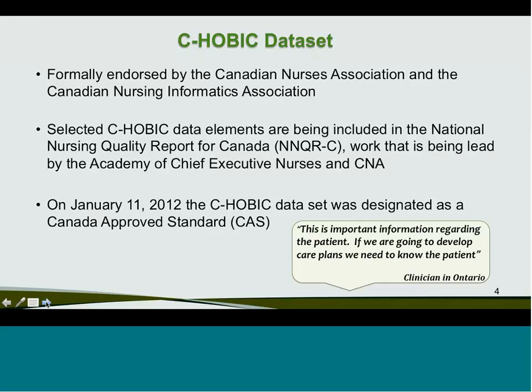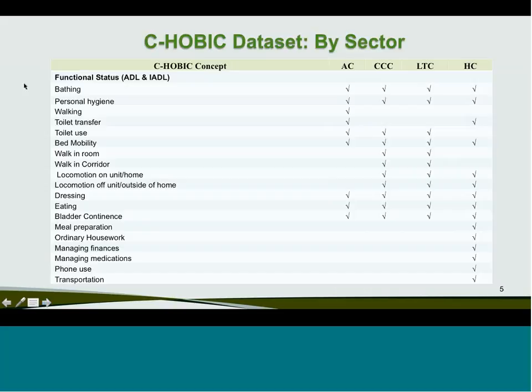The data set by sector is comprised of the concepts of functional status, and these are the activities of daily living as well as the independent activities of daily living. And you can see on the right-hand side of the screen which sector a particular item is included in.